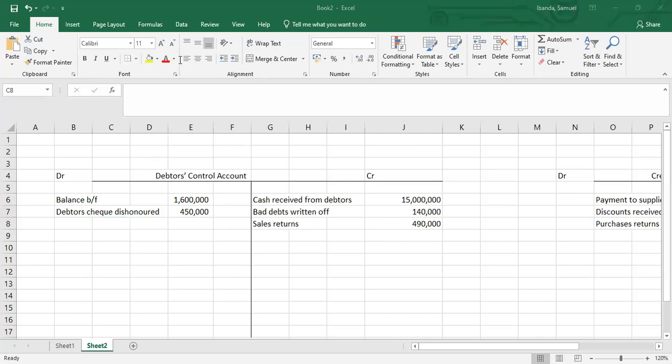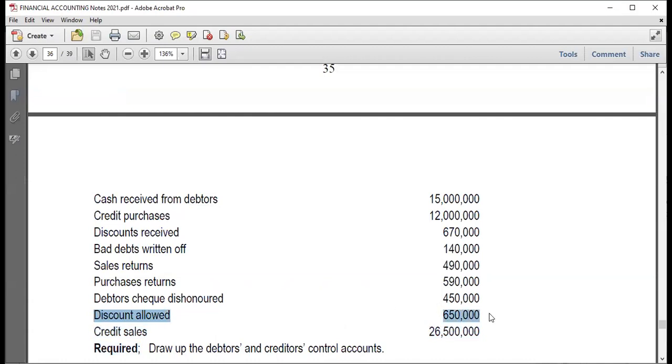So go back. They're telling me discounts allowed. Now, discounts allowed also relate to debtors. In this case, it is us that have given discounts to our customers. Once we give discounts to our customers, it means that the amount they should actually pay us is reducing, okay? So discounts allowed to customers should actually reduce our debtors.